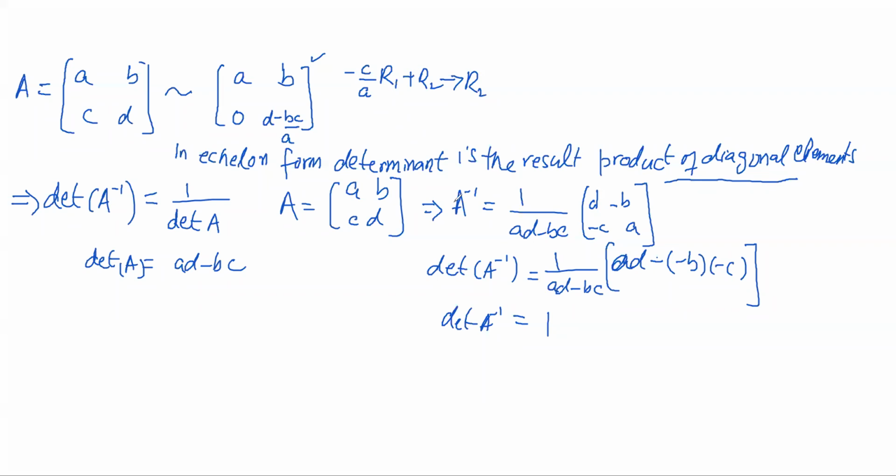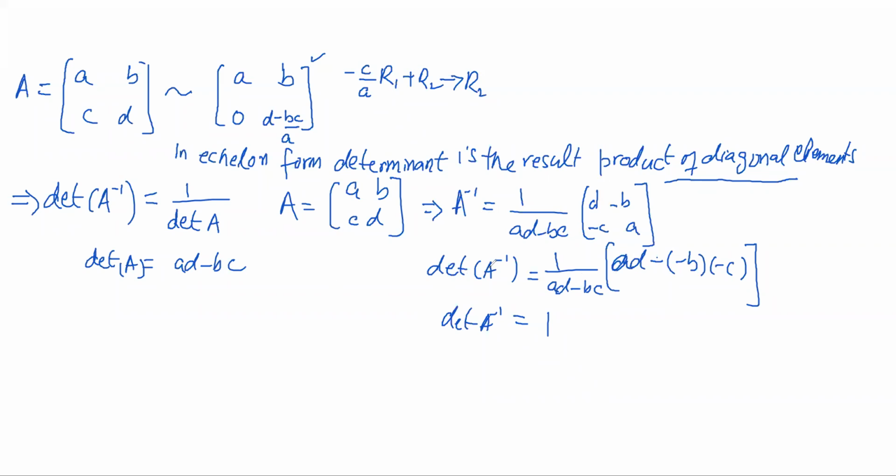Yes, if A is this, then A inverse is given by this formula, with 1 over AD minus BC on the outside, and then D, minus B, minus C, A. So something is not correct.